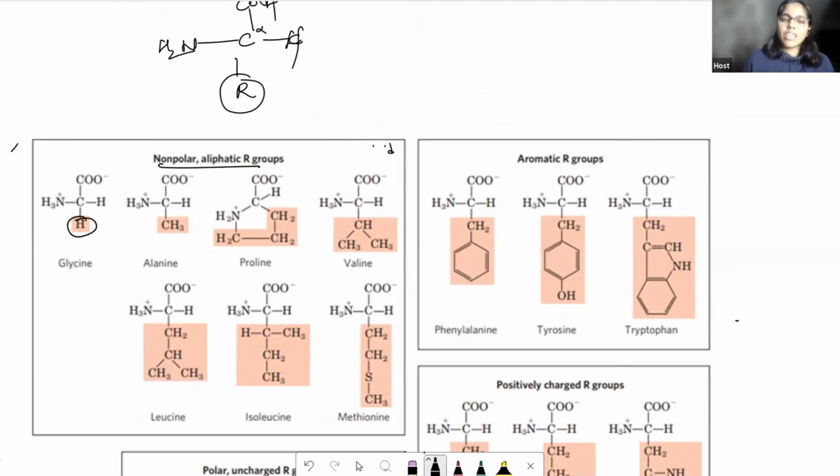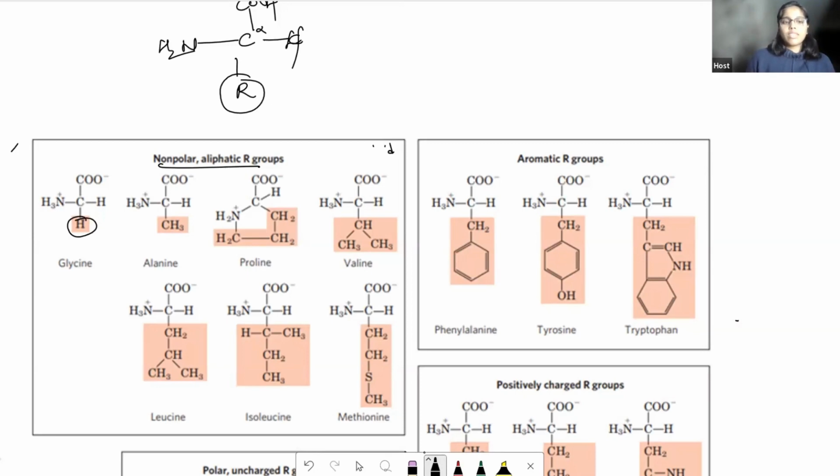Can anybody say the difference between polar and non-polar? Anybody has to say, because I'm not getting whether you are getting the class or not. Ma'am, it depends on charge. Yeah, it depends on whether the side chain contains an electronegative or electropositive atom or not.